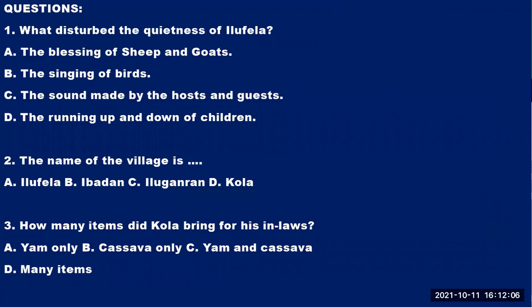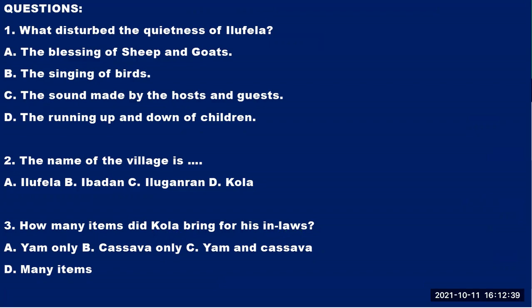Now, again, let me show you how to use the context clue. How many items did Kola bring for his in-laws. Kola bringing items or things for his in-laws, those are the context clues. They are the keywords you have to look for in the passage.